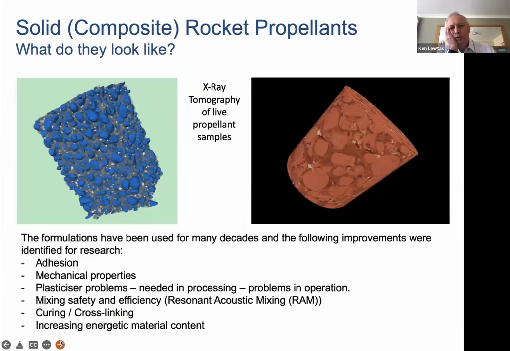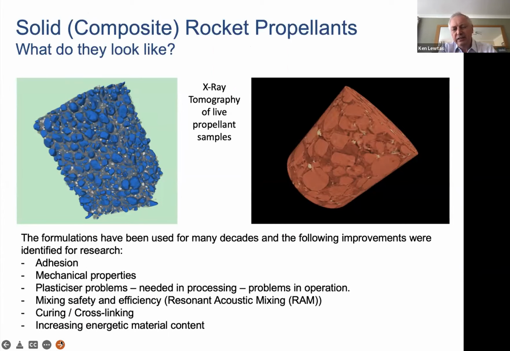So what do they look like? So we've done a lot of X-ray tomography of inerts, but also live propellants. The two pictures there, one is a sample, a rectangle cutout of a live propellant.